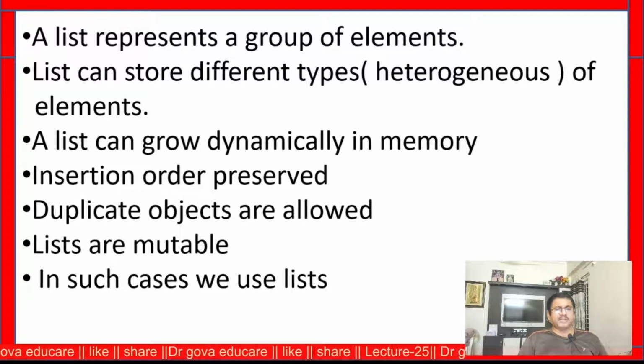Insertion order is preserved. In whatever order we insert the elements, the same order will be displayed on the screen. Duplicate objects are allowed, including None type. Lists are mutable. Mutable means we can change the elements of the list. In such cases, we use lists.